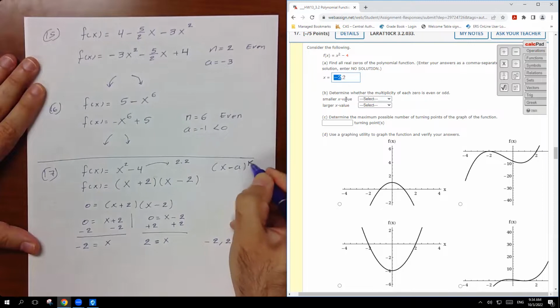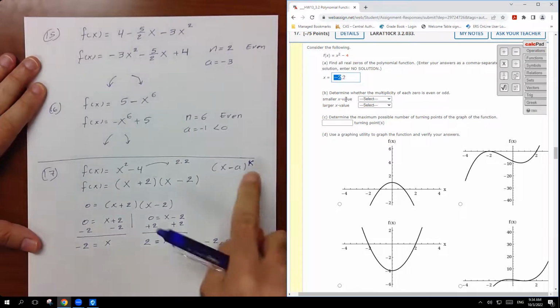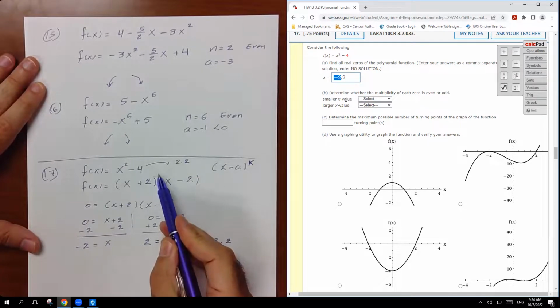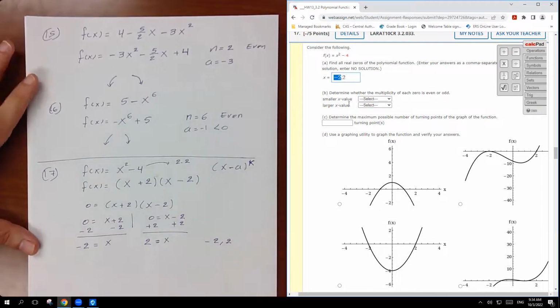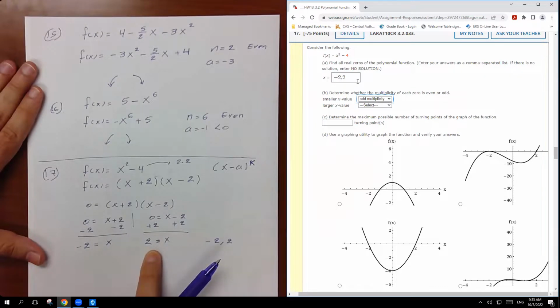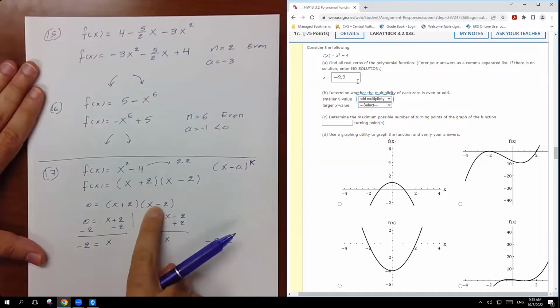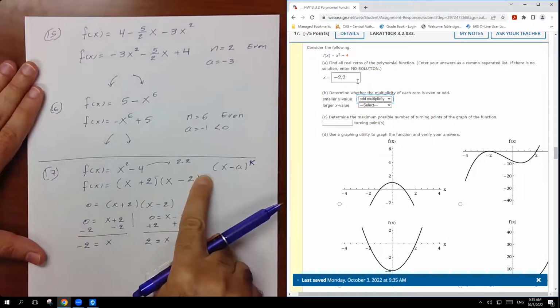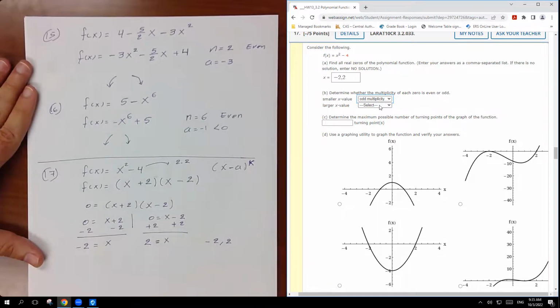K here is the multiplicity, whether it's odd or even, which tells us about repeated zeros. So here it is 1. That means it's an odd multiplicity. So I'm going to choose odd multiplicity for the smallest one. The larger value, which is 2, came from this parentheses, which came from this factor. The same thing, the multiplicity here is 1. That means it's also an odd multiplicity.